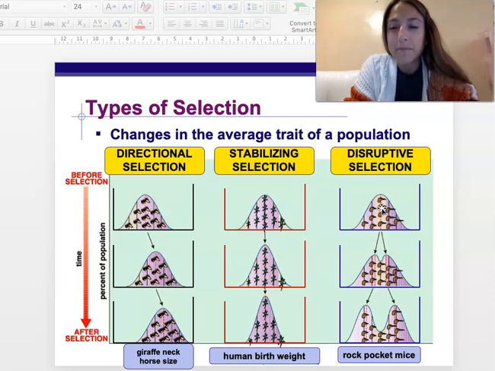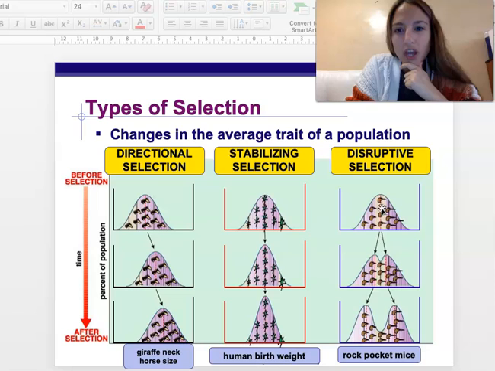Because they can't avoid predation. So what that eventually does is this little, what would this be? Hump? This little hump over here where these organisms are dying off, right? So what's being favored are the traits of both extremes. So this disruptive selection usually leads to speciation.